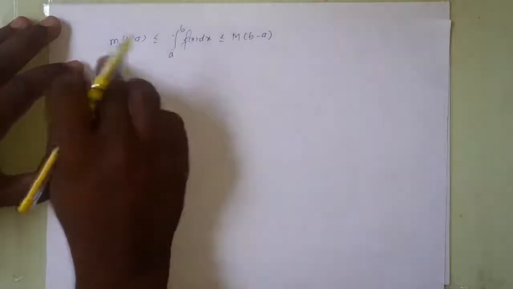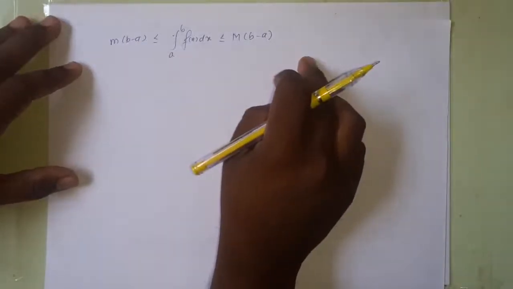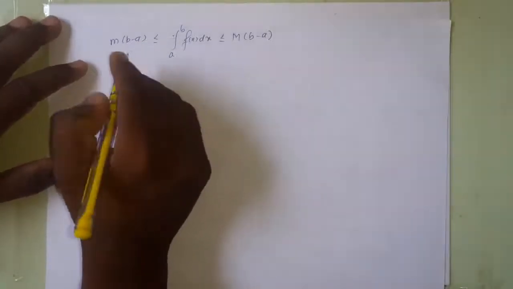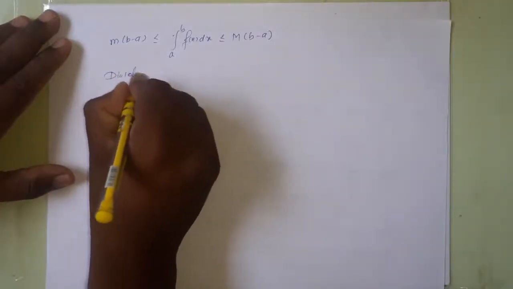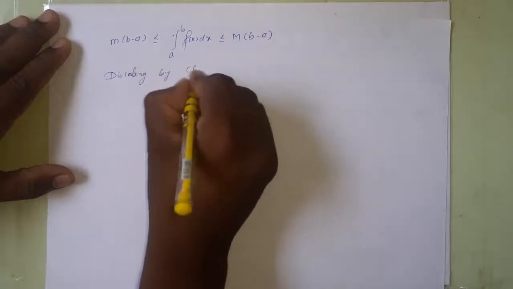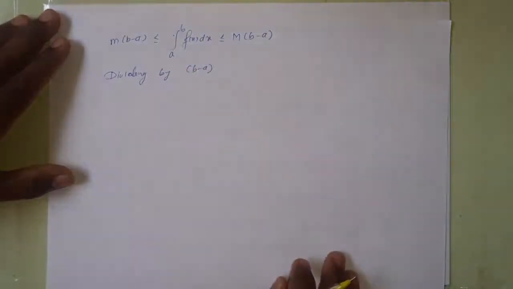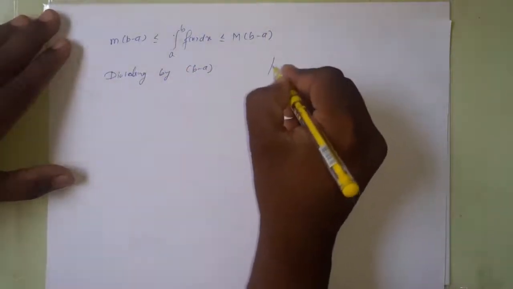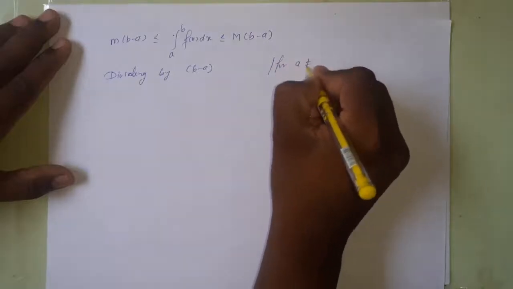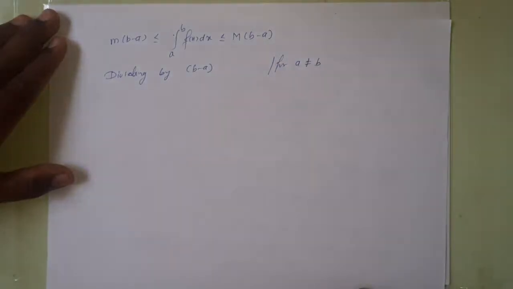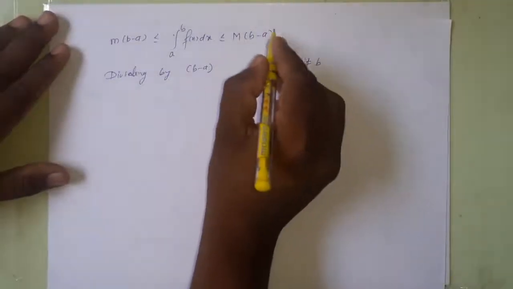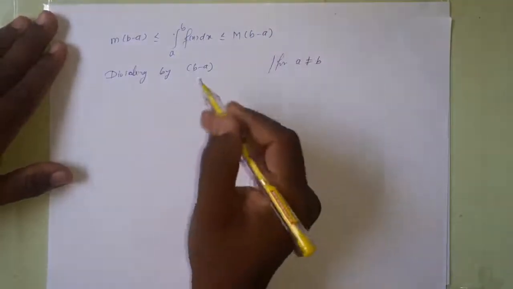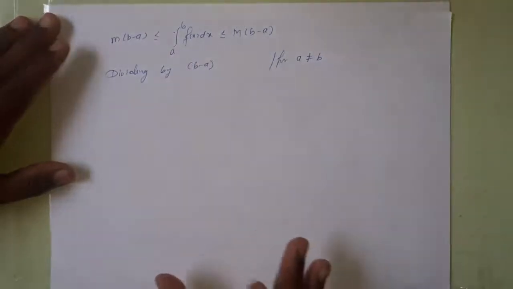Now dividing this inequality by the term b minus a, the condition must be that a should not be equal to b, because if a is equal to b, then b minus a becomes 0, and dividing would give 1 by 0, which is not defined.